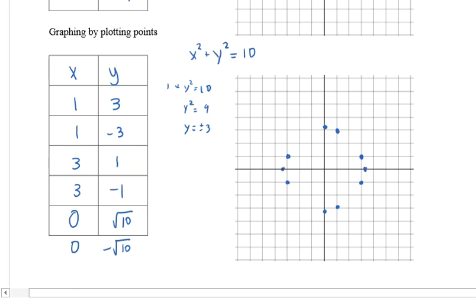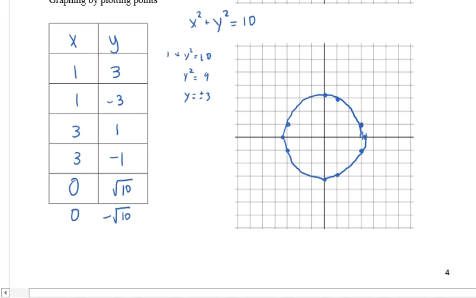And negative square root of 10 comma 0. And we'll see what's happening here. You end up with a circle. You might recognize that equation from geometry as the equation of a circle, but you might not. It's okay either way. So that was graphing by plotting points. And that one was a little trickier.